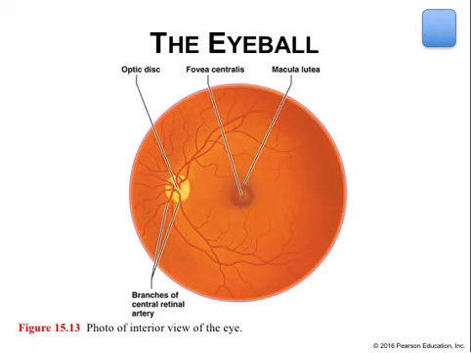and we know this as our blind spot. And in lab, you're going to do a blind spot test where you use a 3x5 card, and you're going to determine your blind spot by holding the card at arm's length, covering one eyeball, holding that card in front of the closed eye, and then looking with the open eye at the image furthest from that eye.